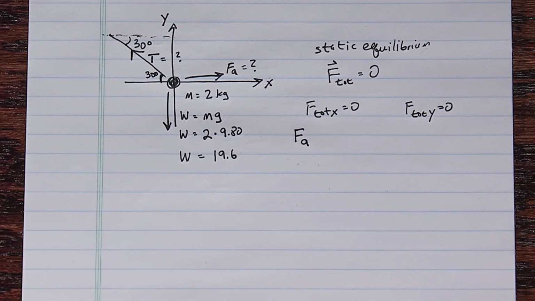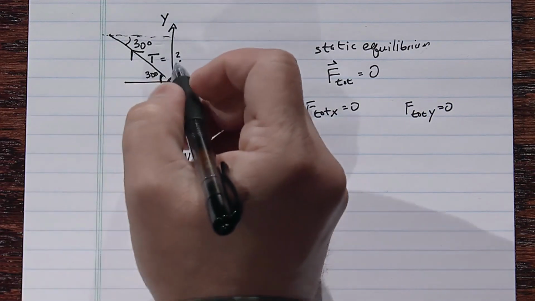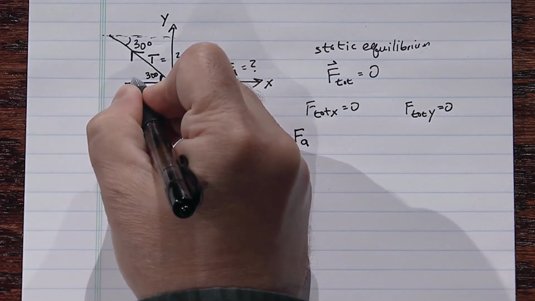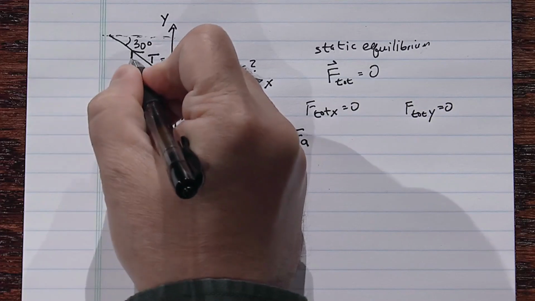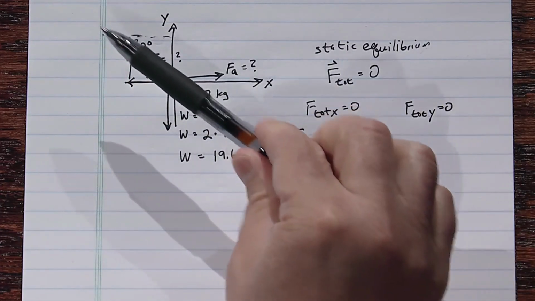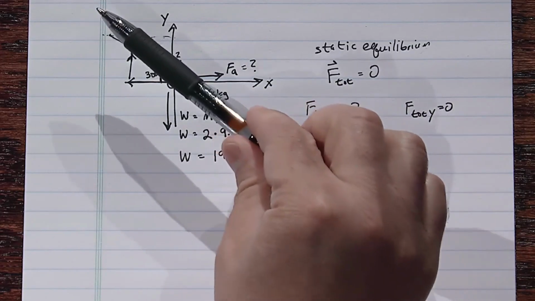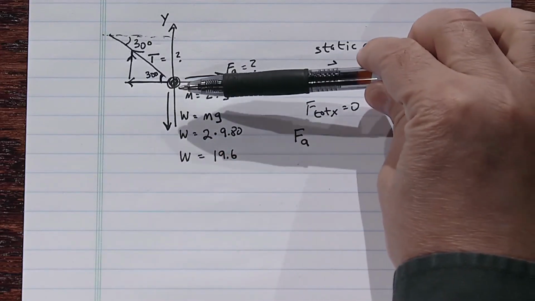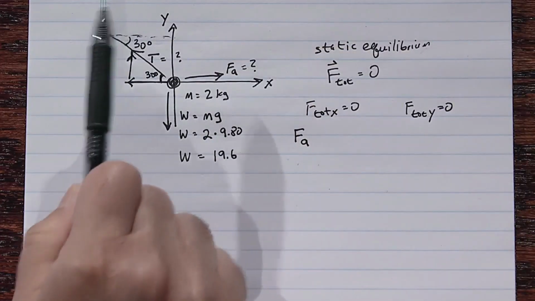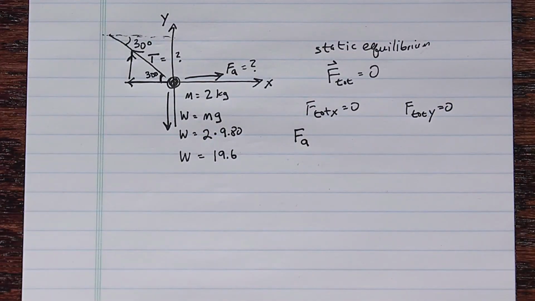Well, what do we do? We have to break our tension down into a right triangle. We have to take our tension, that is up and to the left, and turn it into a left part and an up part.